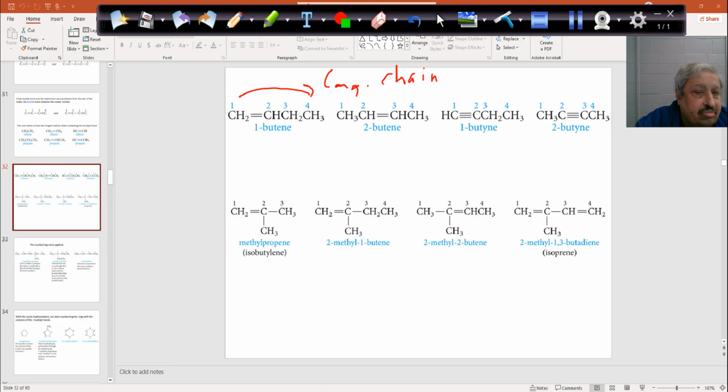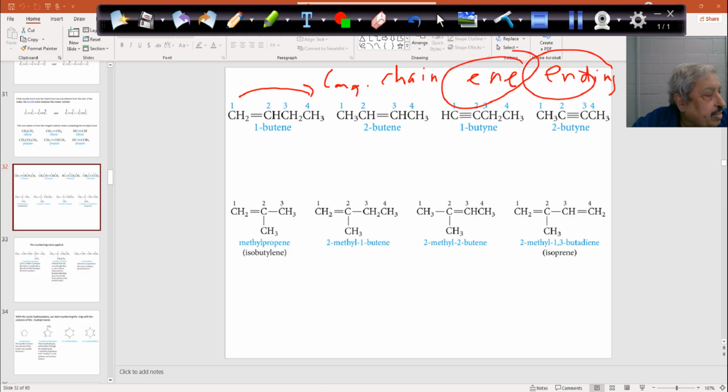Then after that, you locate your double bond, correct? So it has to have the ending ENE. Where is this double bond located? Look at the location. The lowest number is number 1, so the double bond is located at 1. If there is an attached group or substituent, then you have to locate those too. If you have more than one double bond, it will be diene.